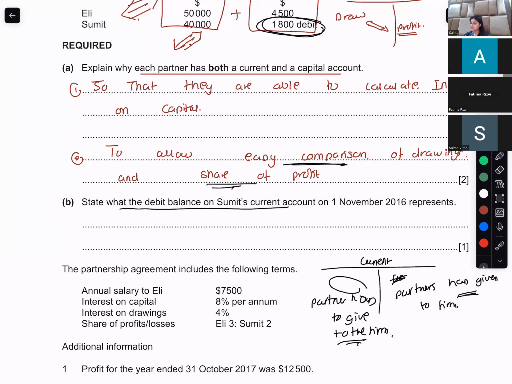Mahat, please put this in your revision note also. The amount Sumit owes: it shows the amount partner Sumit owes to the partnership, or the partner Sumit has to give to the partnership.